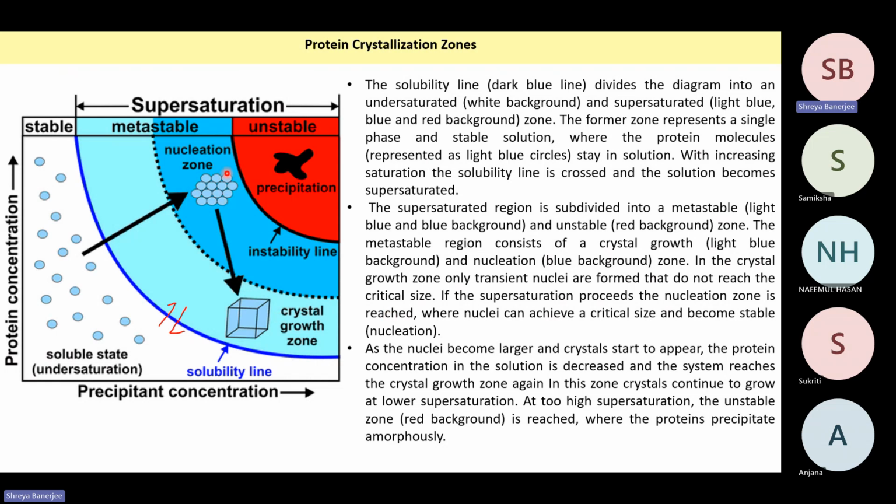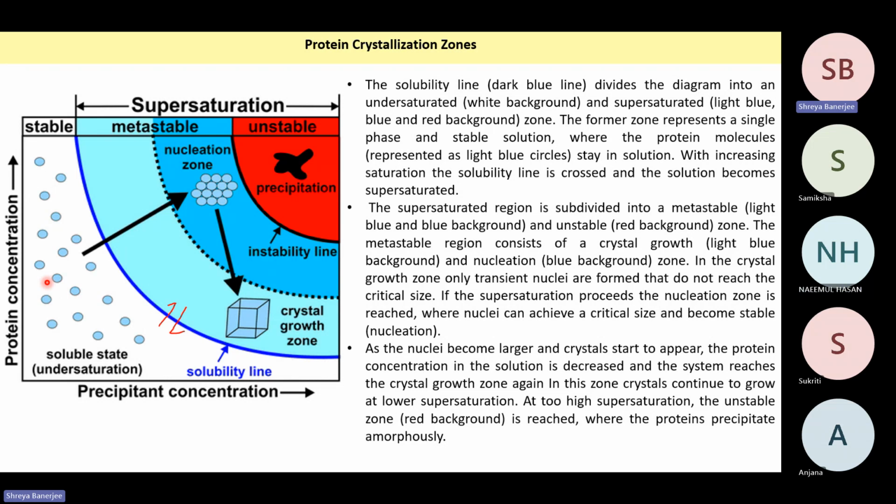Now, as the nuclei become larger and crystals begin to appear, the protein concentration in the solution decreases. So this equilibrium will again get shifted, because when the crystal starts forming, protein concentration decreases, so it will again go back into the soluble state.